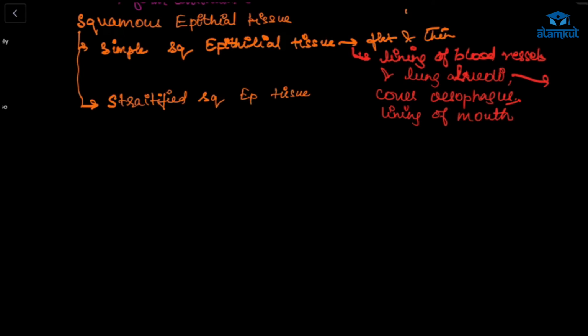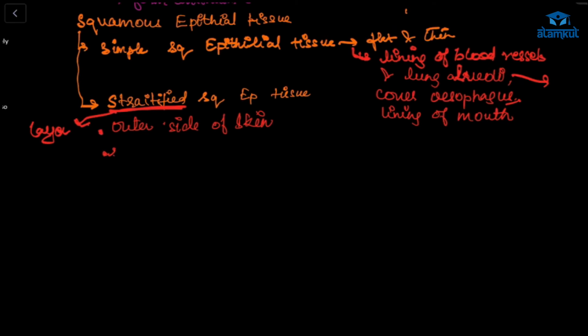Next, we have the stratified squamous epithelial tissue. They are present on the outer side of the skin, and stratified means it is made up of many layers. Am I audible?